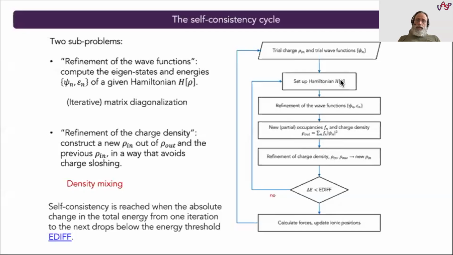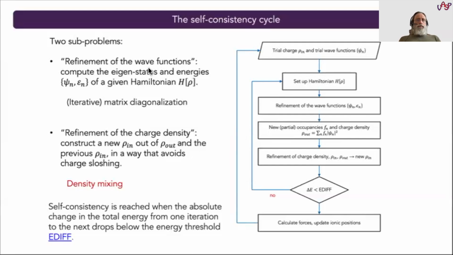Then you take the charge density that you went in with, so the initial one, and the one that comes out, and you use that to construct a new charge density. And that new charge density gives you a new Hamiltonian, and the whole thing starts all over again. You diagonalize that one, you find eigenfunctions, and so on and so forth. And you do this until the change in the total energy drops below a certain energy threshold. Yeah, that's essentially how this works.